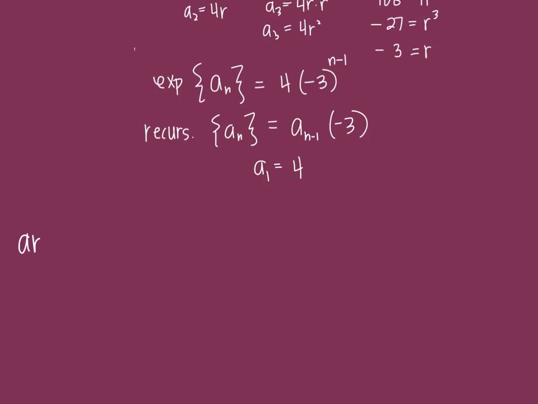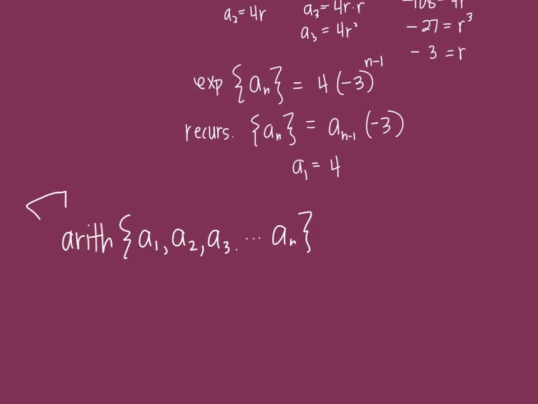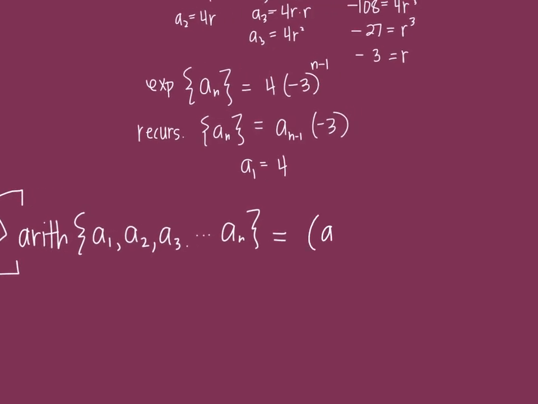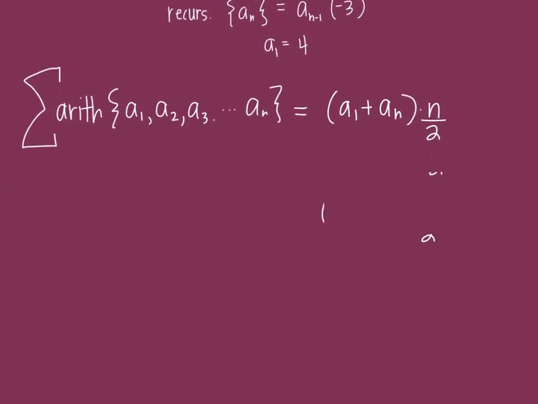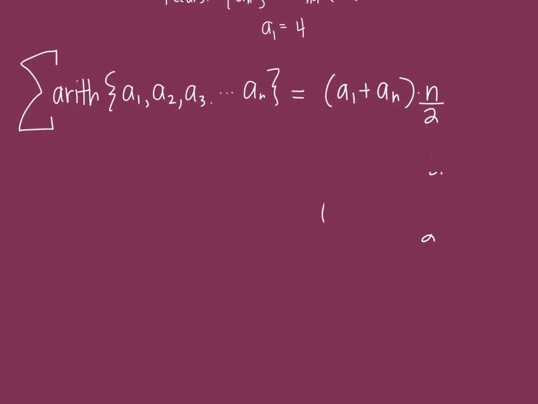And so if you have an arithmetic, let's just review that from yesterday, where you have A1, A2, A3, dot, dot, dot, all the way to A sub n at the end, the sum, and remember our sum symbol is sigma, that would be a sub 1 plus a sub n, so the number in the front plus the number in the back, times n over 2. That was the formula we had to find the total sum for adding up arithmetic sequences.